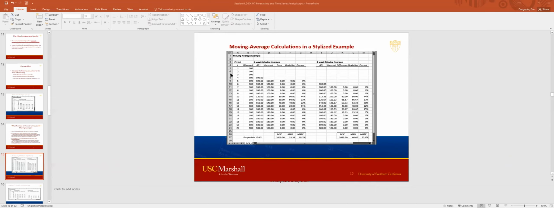Anyone wants to share their screen? Once you're done with both, of course, 4 and 6 week.